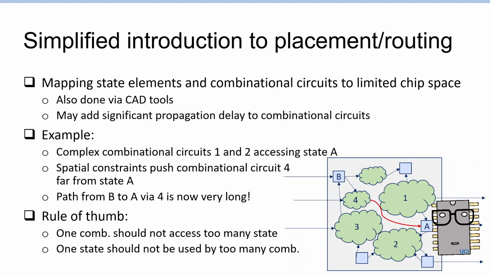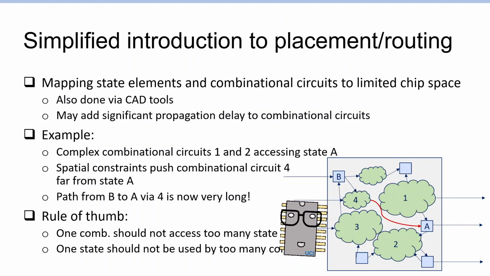This is one example of how the propagation delay of a combinational path may not always correspond one-to-one to the number of gates or the actual amount of work that goes on in there. We're not going to reason about this very much right now because there's typically a whole course dedicated to it, but I put it here as an example to show that these somewhat unintuitive things can happen during CAD tool operations.